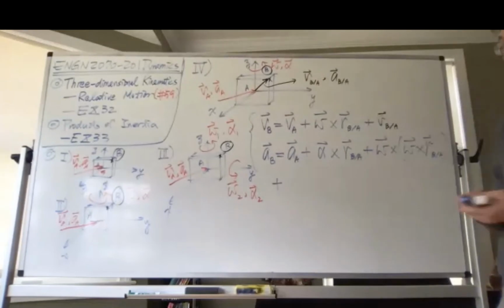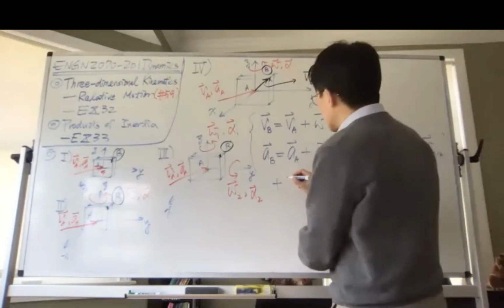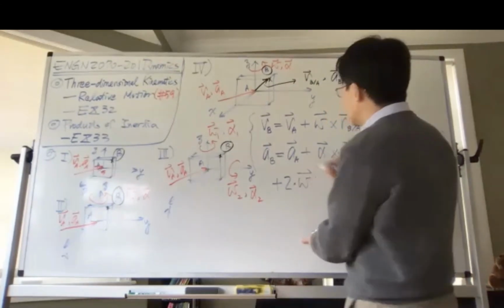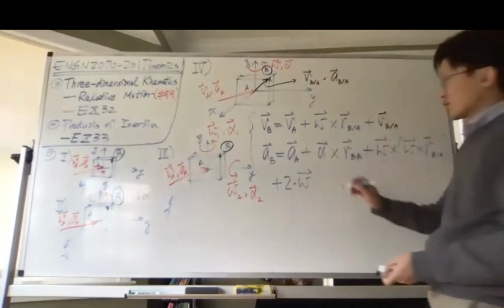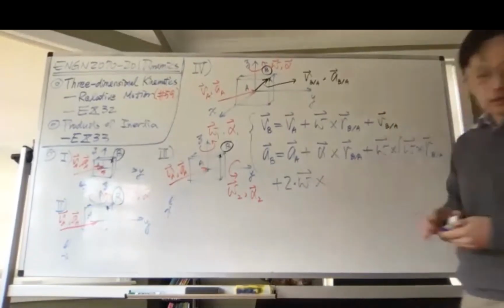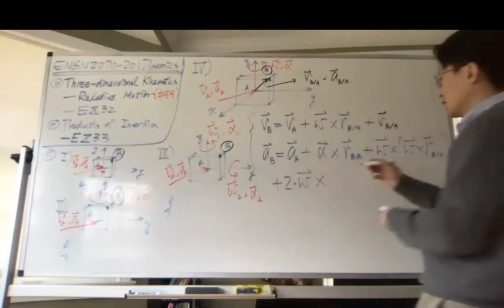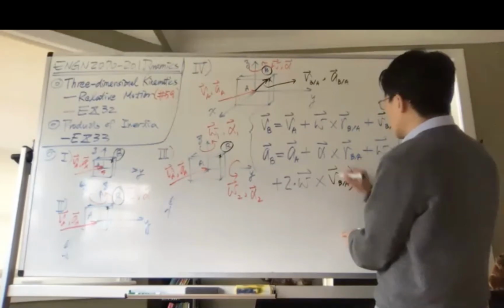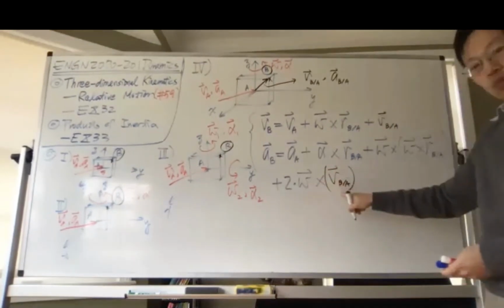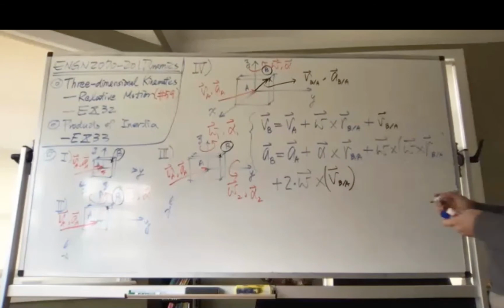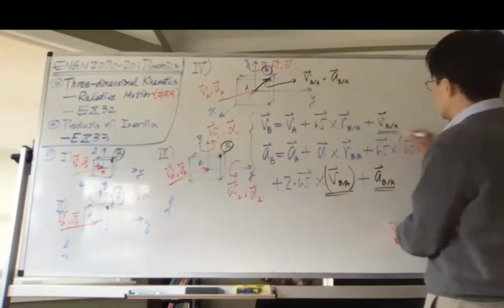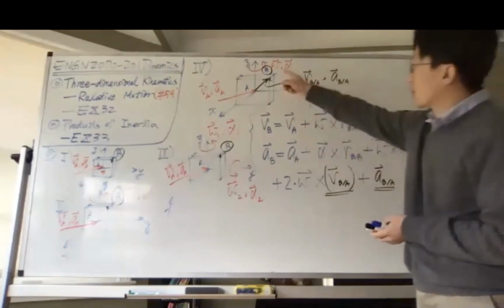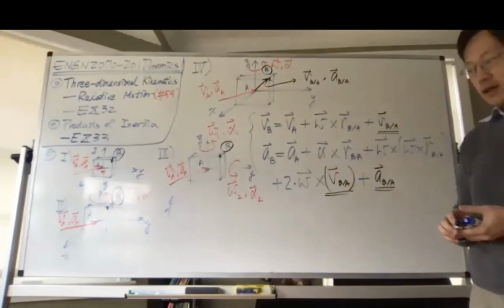First of all, we're going to have 2 times omega cross the relative linear velocity, VBA, and plus the linear relative acceleration from point B to point A. Quick question.